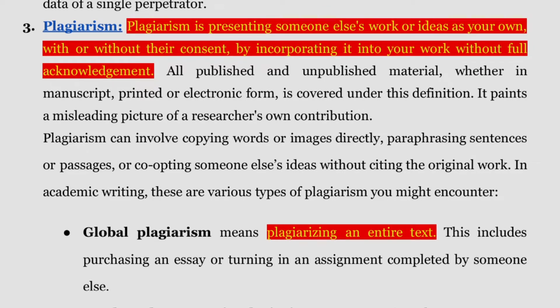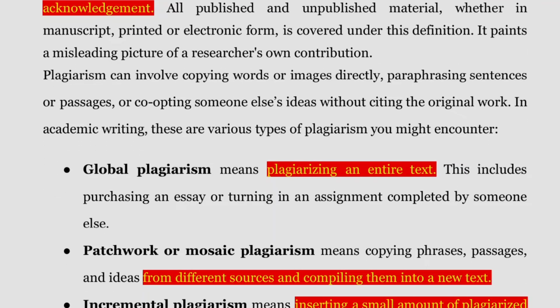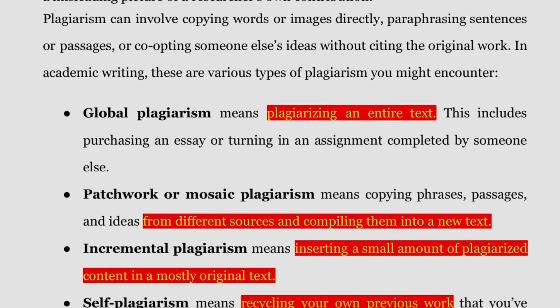All published and unpublished material, whether in manuscript, printed, or electronic form, is covered under this definition. It paints a misleading picture of the researcher's own contribution. Plagiarism can involve copying words or images directly, paraphrasing sentences or passages, or co-opting someone else's ideas without citing the original work. In academic writing, there are various types of plagiarism you might encounter.